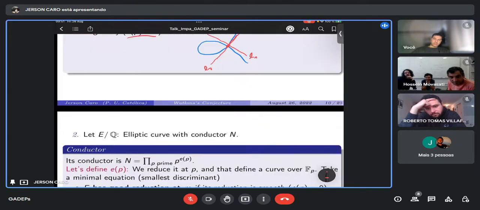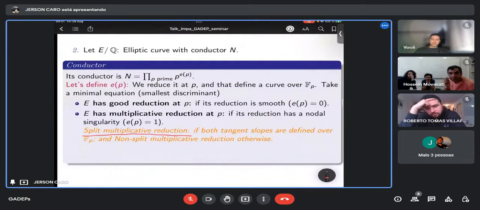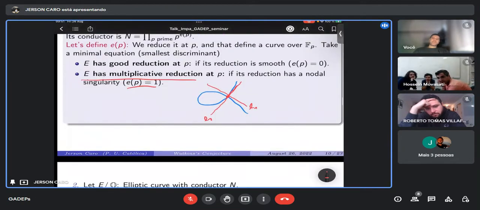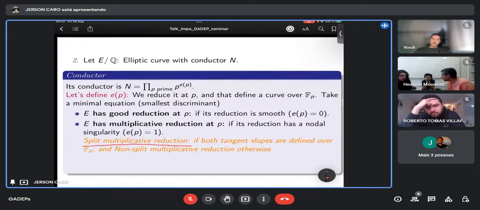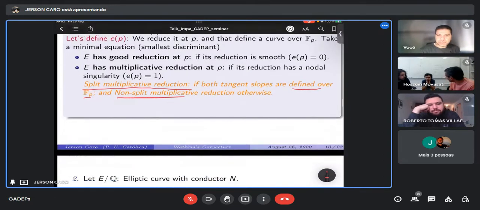So in particular, it could be that the two slopes belong in FP, or not. When both tangents are defined over FP, we say that it has a split multiplicative reduction, and otherwise we say that it has a non-split multiplicative reduction.